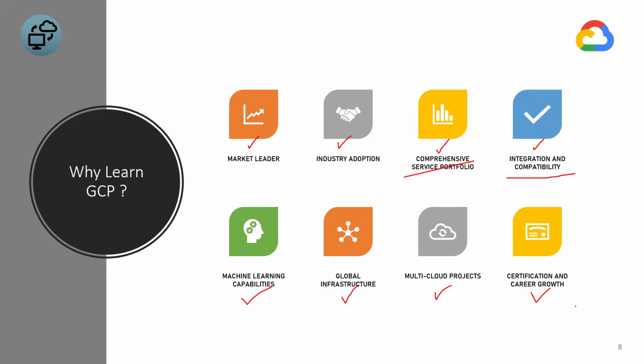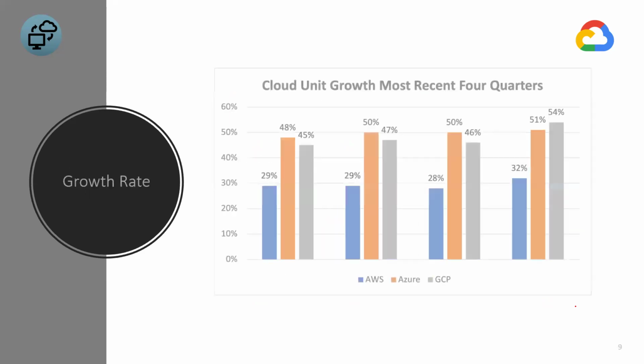So most of the companies have started using GCP, and this is the reason plenty of opportunities are there. And one more thing, look here at the growth rate. In the last quarter, the usage of Google Cloud Platform increased among companies.